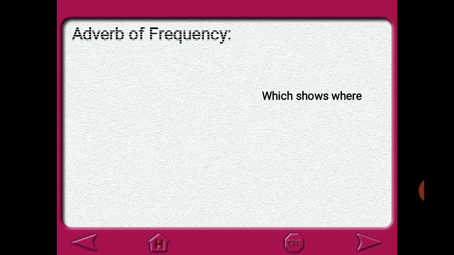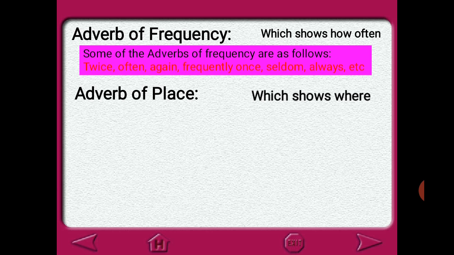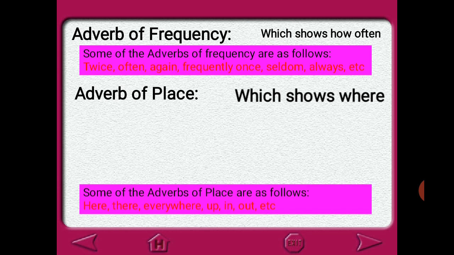Now, adverbs of frequency. After adverbs of time, adverbs of frequency show how often. Some of the adverbs of frequency are in the list given to you. After that, there are adverbs of place, which show you where.